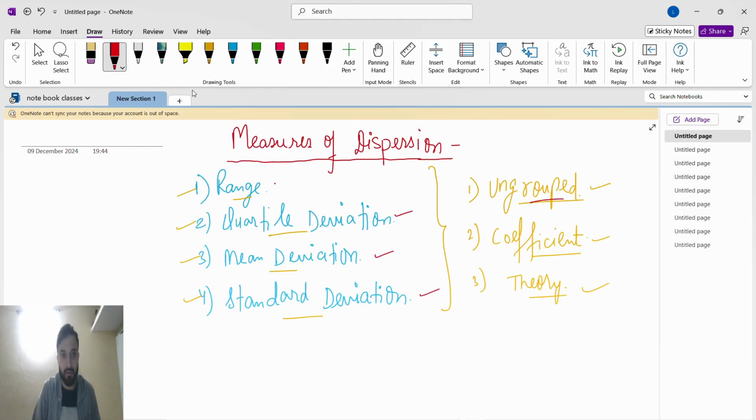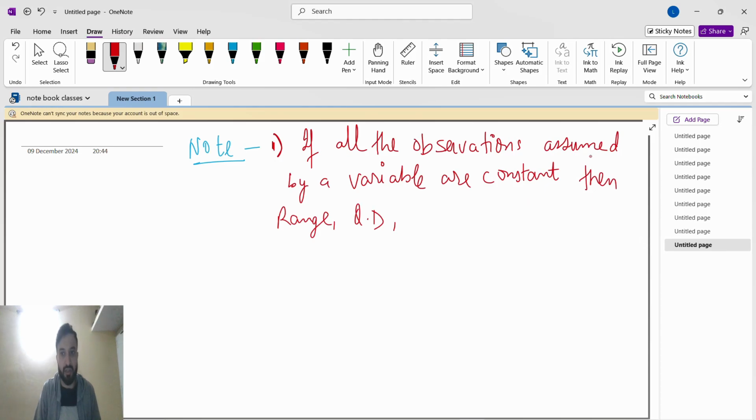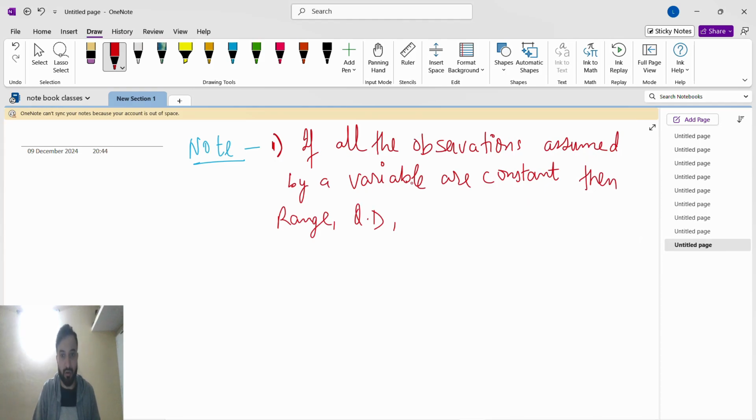QD means quartile deviation, MD means mean deviation, SD means standard deviation. If all the observations assumed by a variable are constant, then range, quartile deviation, mean deviation, standard deviation are 0.